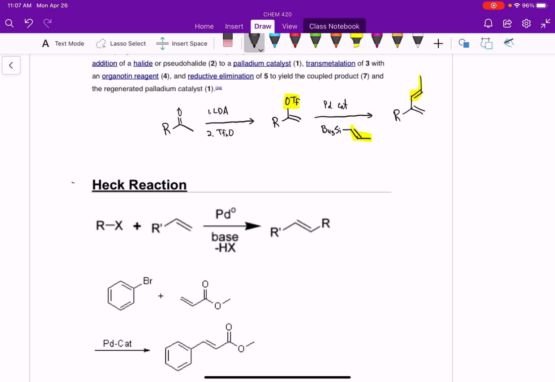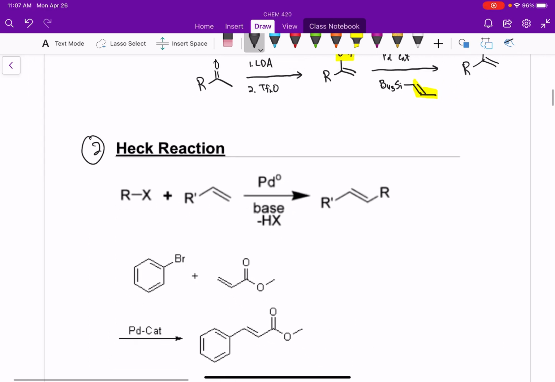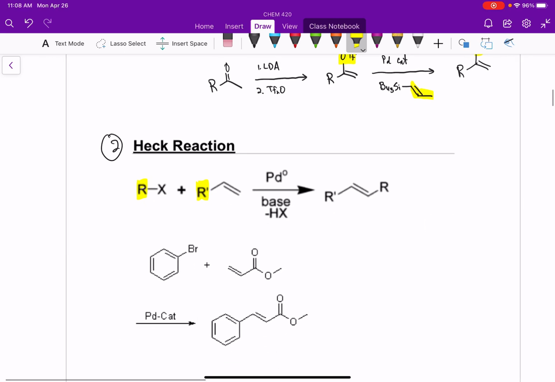All right, next reaction I want to talk about is the Heck reaction. Again, very similar, but you don't need an extra metal. So you have R and R prime, and you're now going to couple these two together.